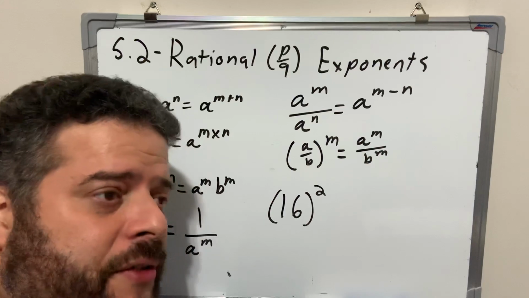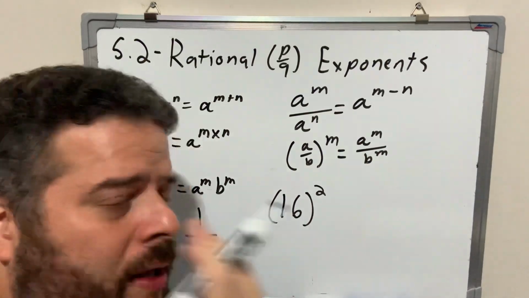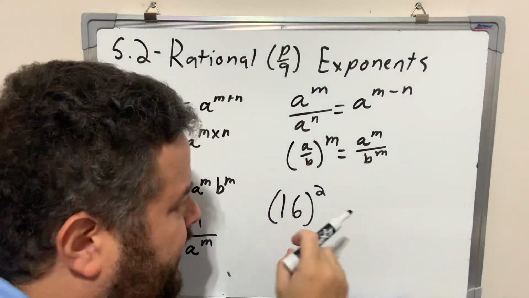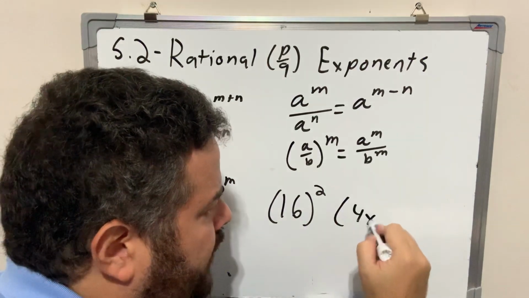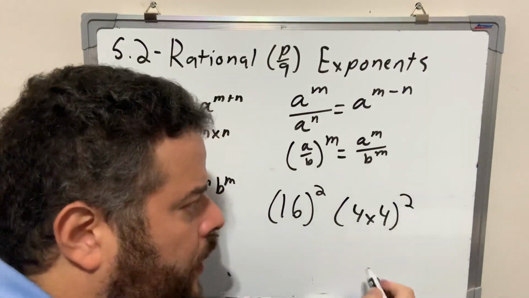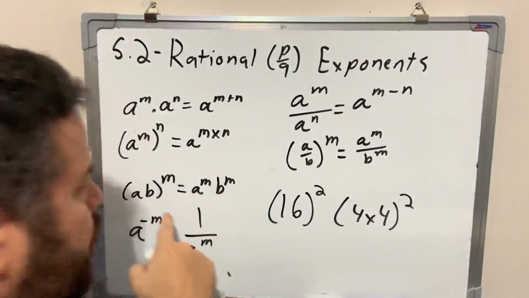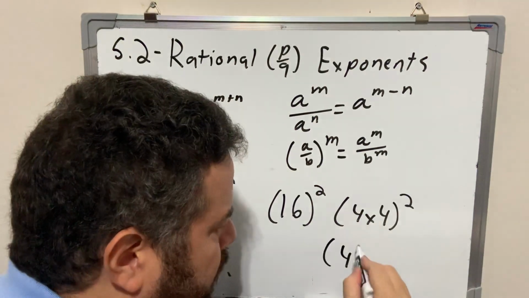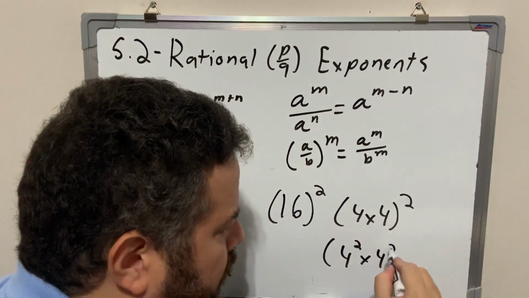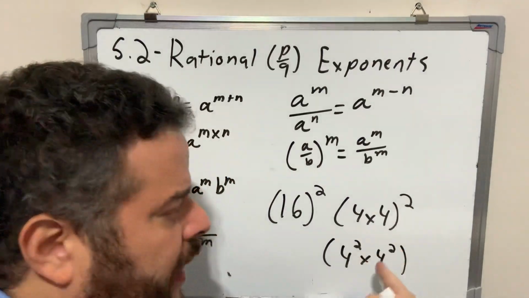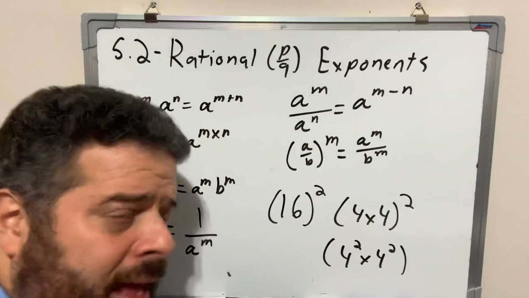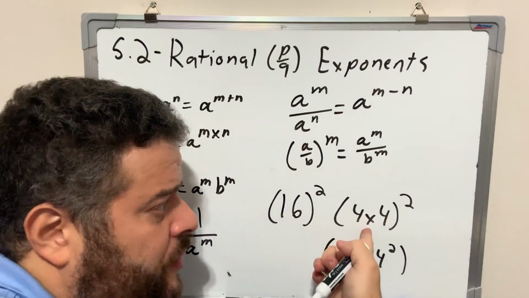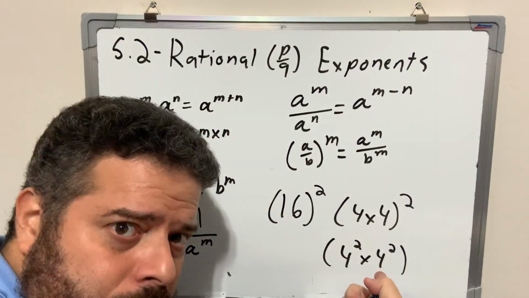In some cases, you'll see, and again, this doesn't have to be ours, but I want you to visualize: is 16 not 4 times 4? And if you were to use this rule, this would be the exact same thing as distributing the exponent to every element. So you can do that. You can break a number into factors and then distribute.